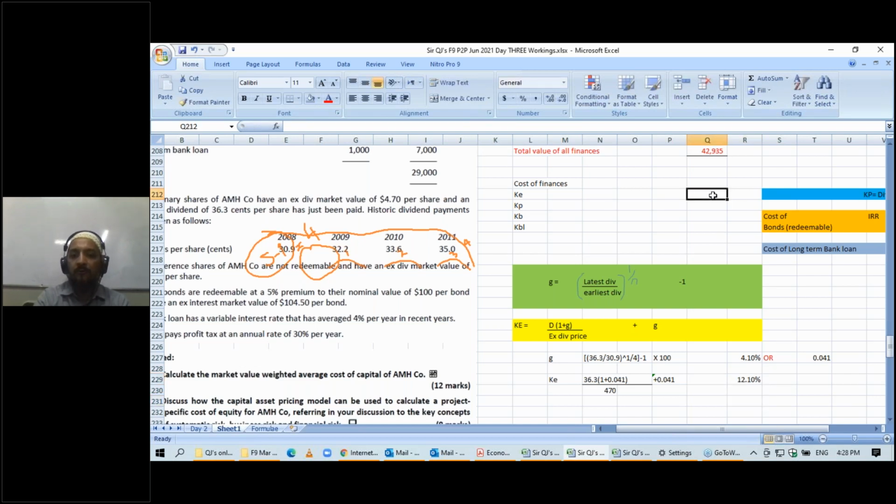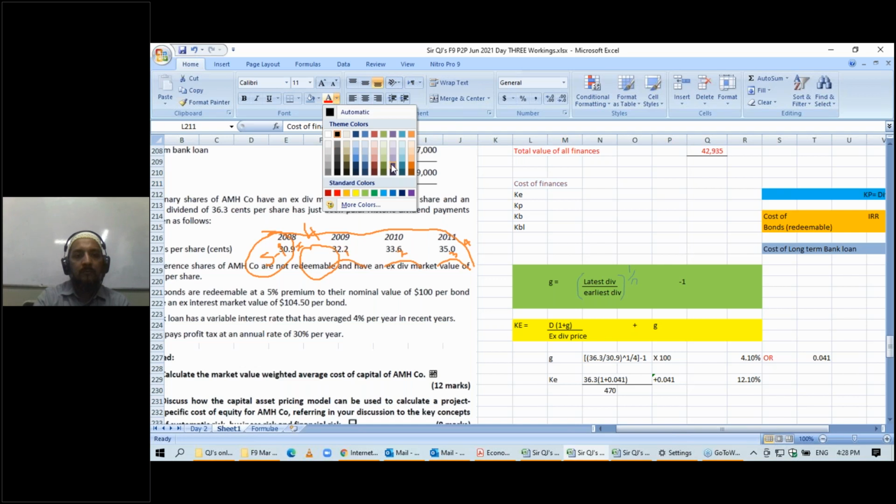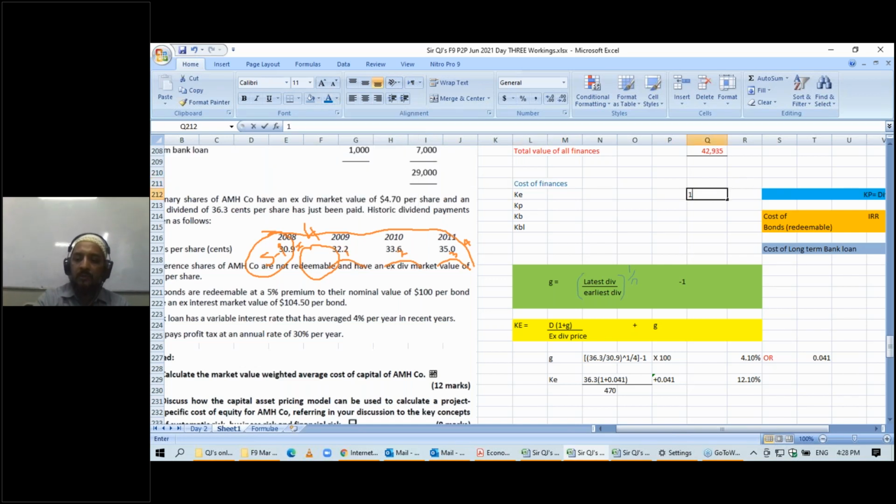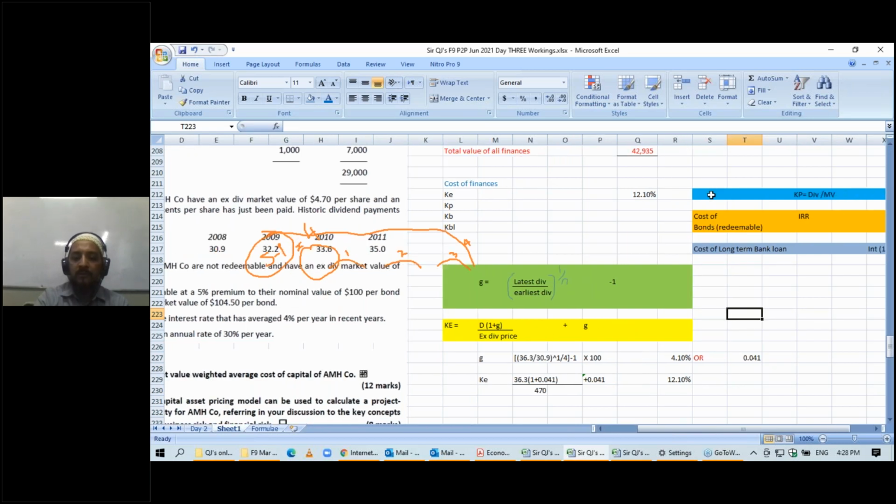So I have found the first cost of finance, cost of equity, which is 12.1%. So one by one we are finding out the cost of finances. Now the next one is cost of preference shares. Students, please keep solving with me so that you also keep practicing with me.